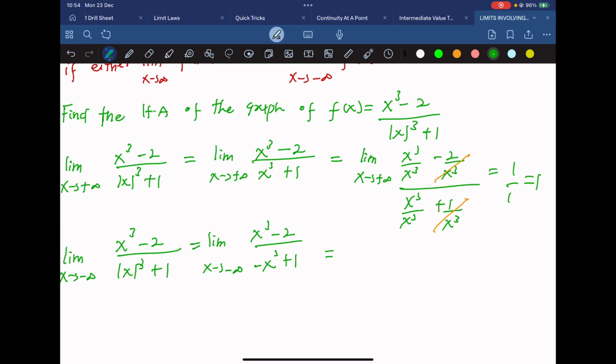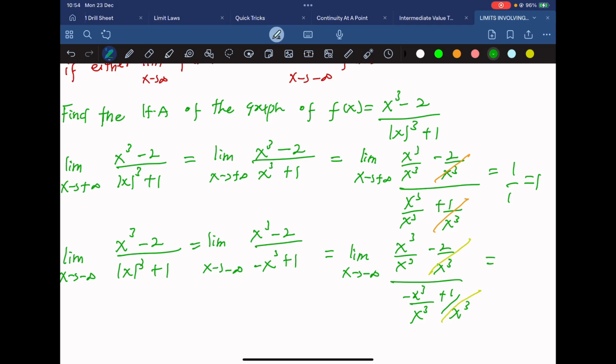So this is the same as writing the limit. Note that the highest power is still x cubed, right? So you have to divide each term by x cubed. So this and this go to 0.